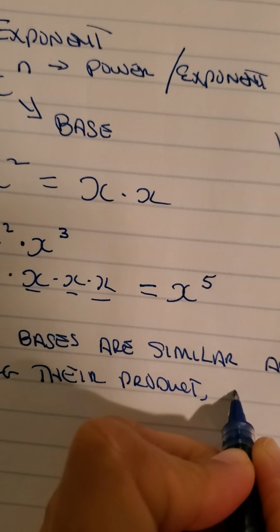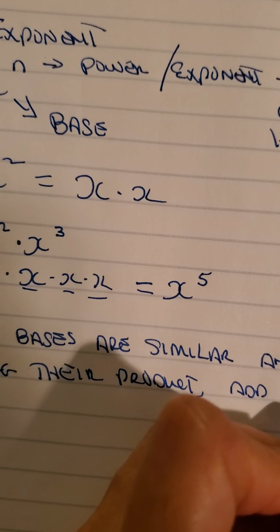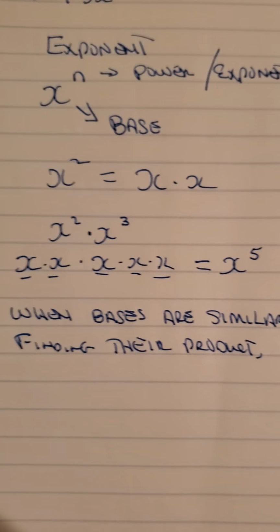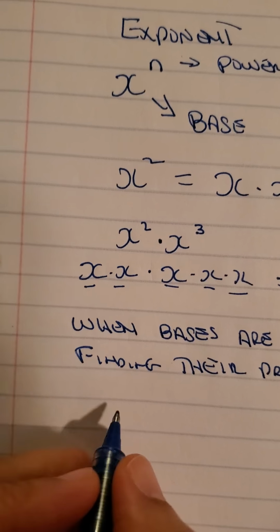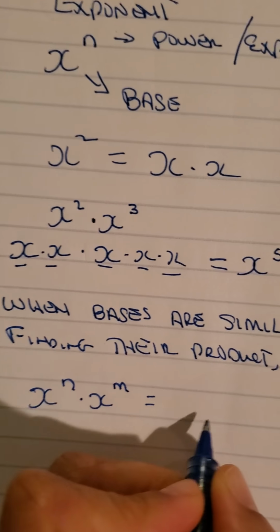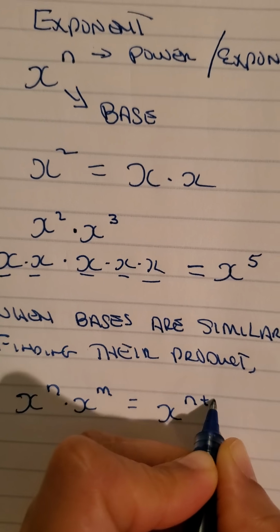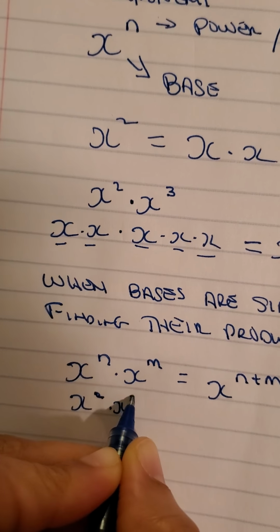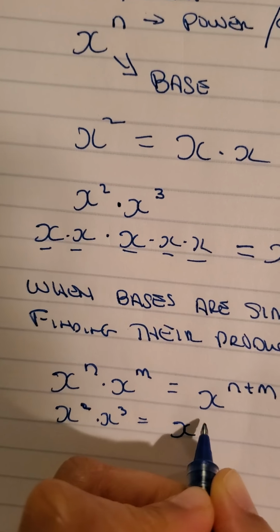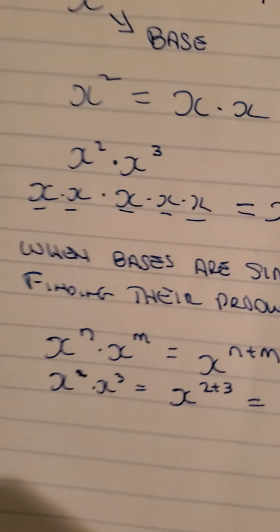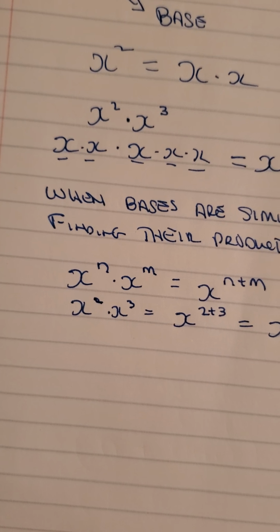You add the powers, or add exponents. So that was one of the rules of exponents. That was the addition rule, which says x to the n times x to the m is the same as saying x to the n plus m. So x squared times x cubed is the same as saying x to the 2 plus 3, which is the same as saying x to the 5th power.